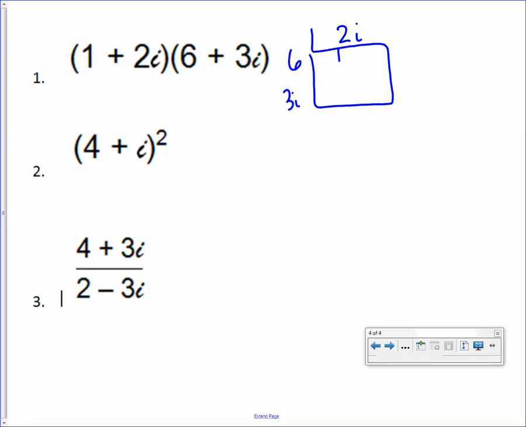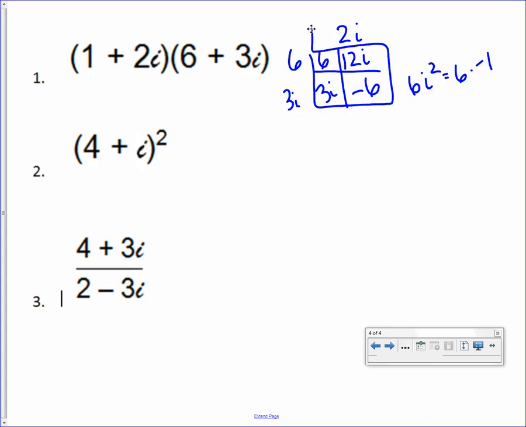So I'm multiplying here. 1 times 6. 2i times 6, treating i like x, is going to be 12i. 1 times 3i. And then lastly, 2i times 3i. That is 6i squared. But i squared is equivalent to -1. So that's actually equivalent to -6.